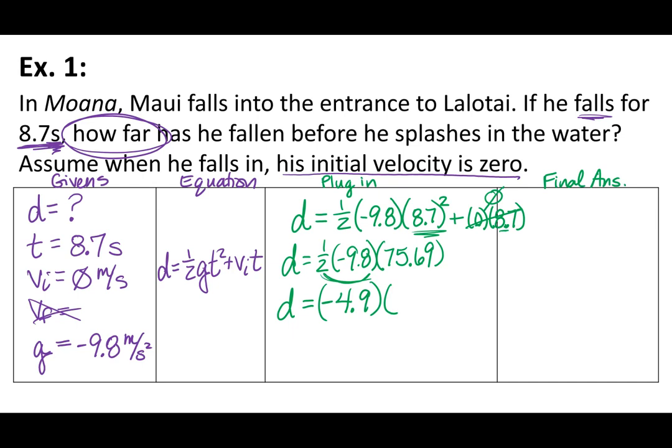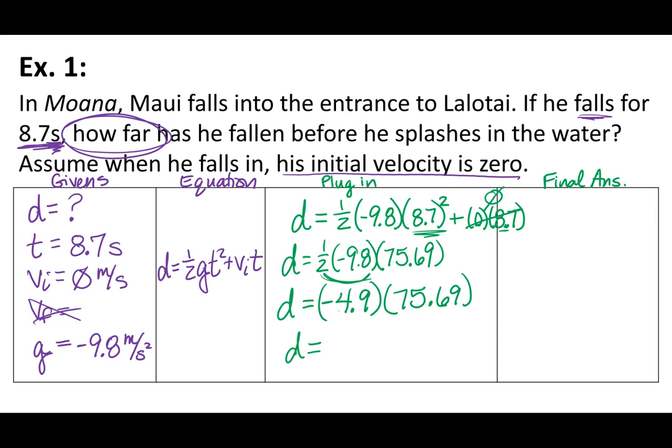And then that is times 75.69. Now, if you want to just do 1/2 times negative 9.8 times 75.69 in your calculator, you can do that as well. But again, like I said, I'm going step by step through this to make sure that everyone will hopefully get the right answer.